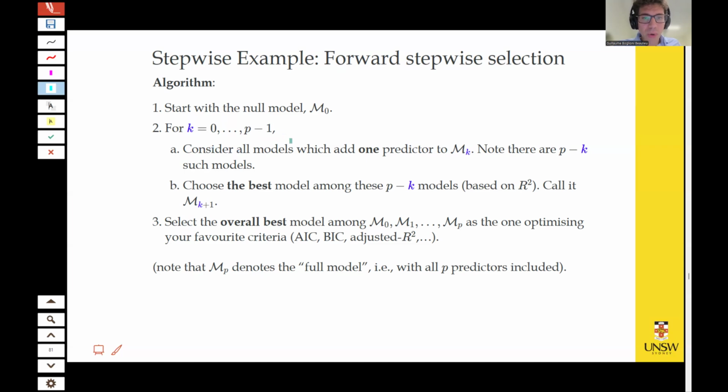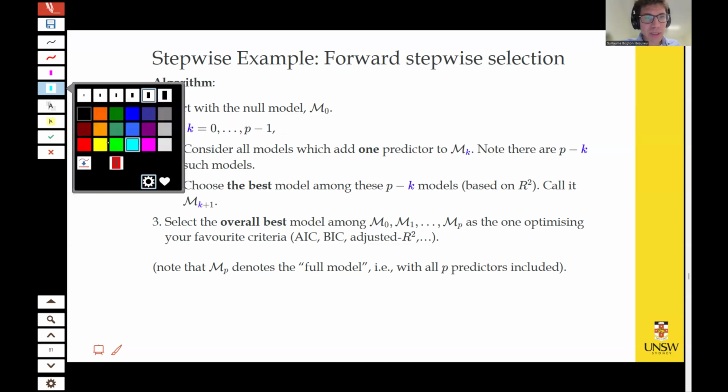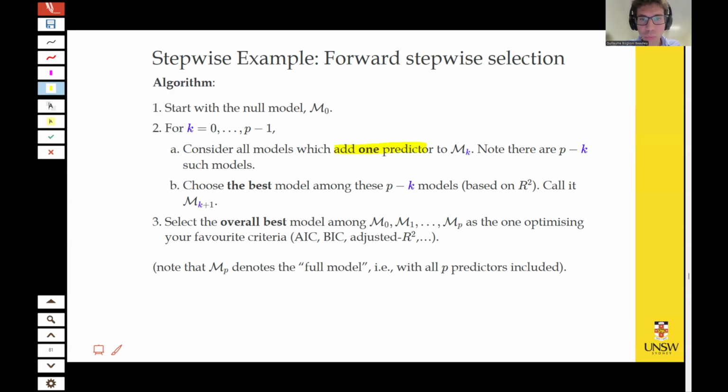You consider all models which add one predictor to the previous best model M_k. You start at M0, that's trivial, there are no predictors. Now you add to this null model one variable, and you have in general p minus k such models. If k is 0, you have p models you need to try: the model with the first predictor only, the model with the second predictor only, and so on.